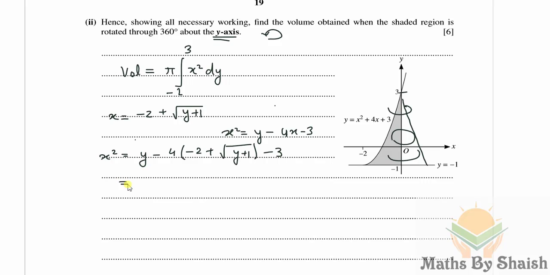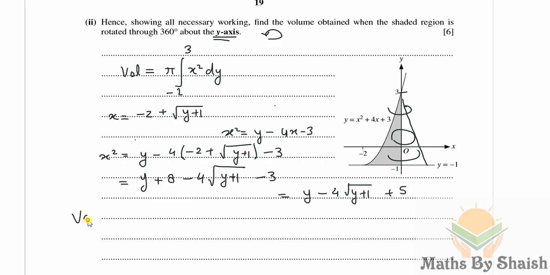I'll simplify a little bit further. It is going to be y + 8 - 4√(y + 1) - 3. Here, like terms 8 - 3 make 5. So it is finally y - 4√(y + 1) + 5.